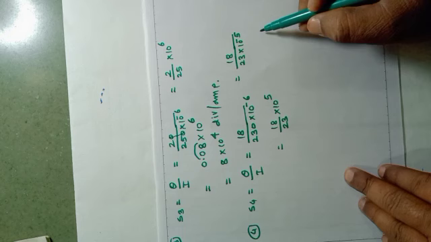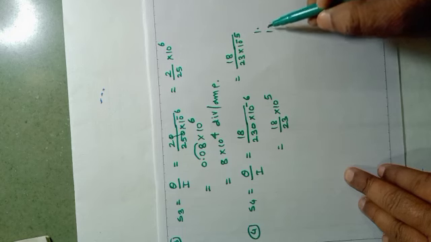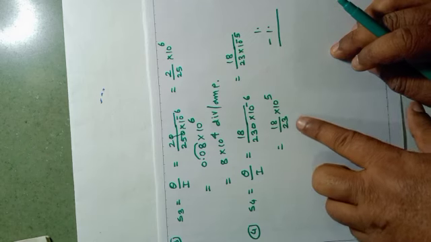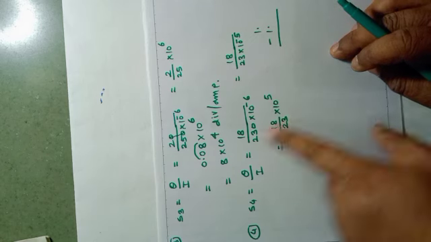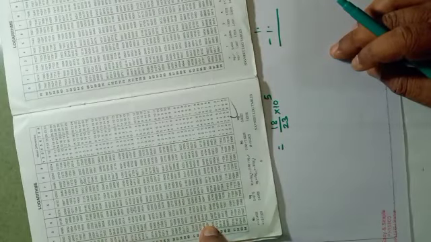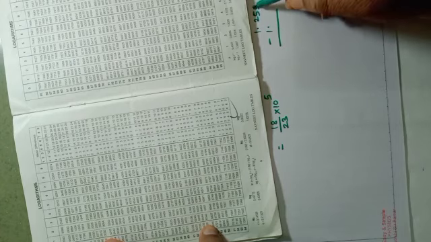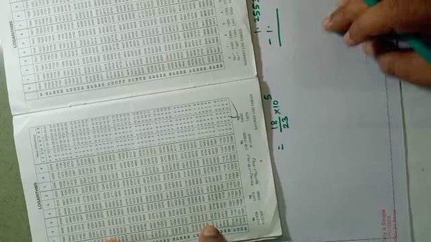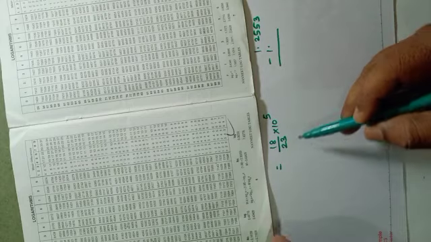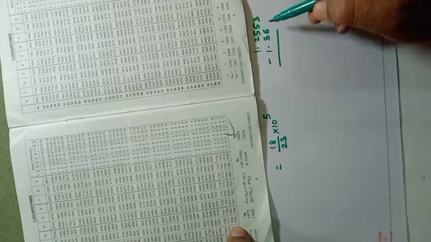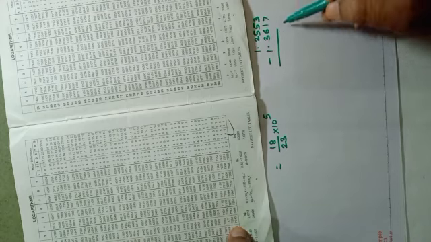So by using logarithm, first we can write the characteristics for 18, that is 1 point, 23, that is 1 point. For 18, the log will be 2553, and for 23, log will be 3617.